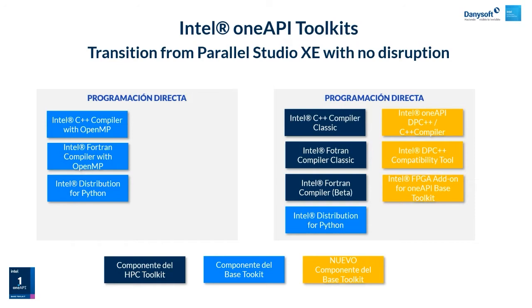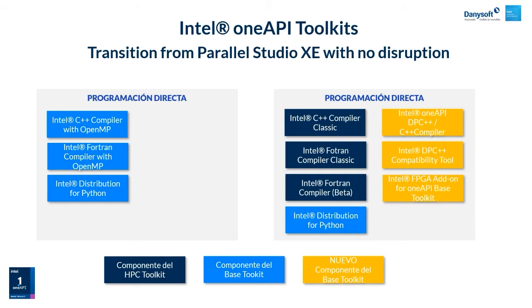We will have a new compiler for Fortran, a beta compiler that is available for this cross-platform architecture that is the main target of oneAPI, and we will have a new compiler for C++ for DPC++, the new C++ that is available in oneAPI for this cross-platform.